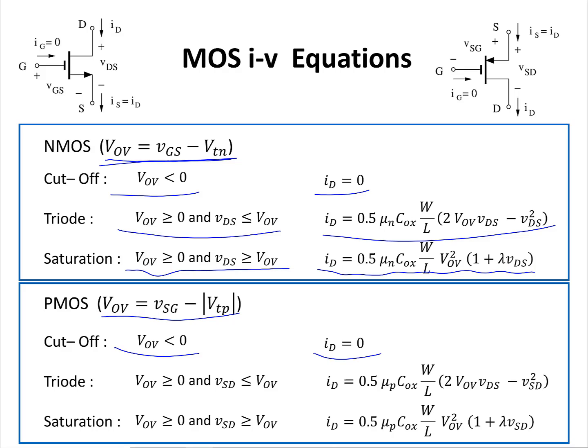When it operates in the triode region, V overdrive is greater than or equal to 0 and source to drain voltage is less than V overdrive. This is the current equation for that region. When the transistor operates in the saturation region, V overdrive is greater than or equal to 0 and the source to drain voltage exceeds the overdrive voltage. And here is the equation for that region.